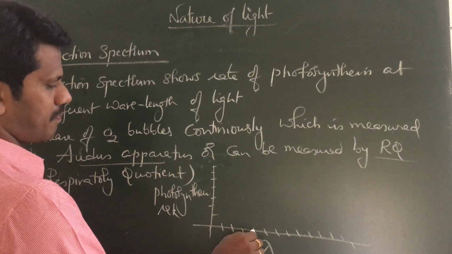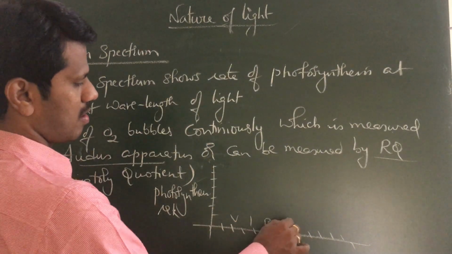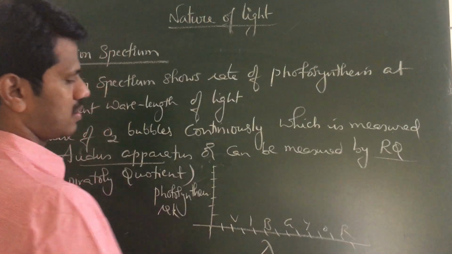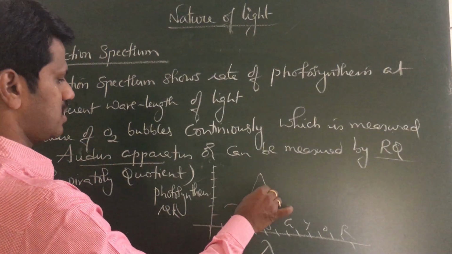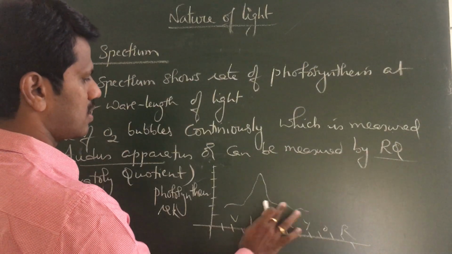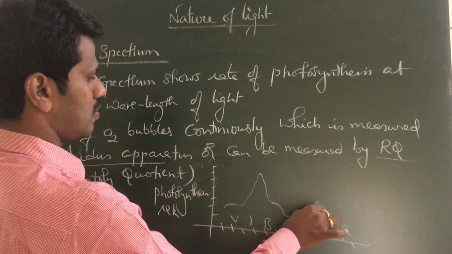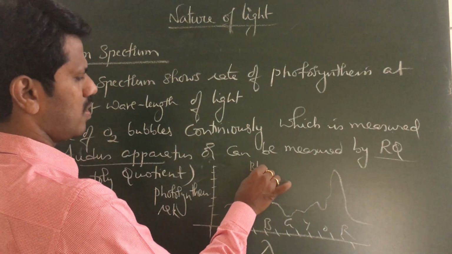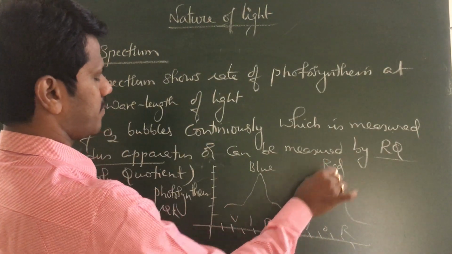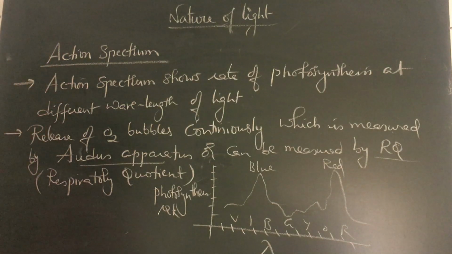When you take the VIBGYOR colors, at blue it is more, at green it is completely zero, and at red it is more. That means at the wavelengths of blue and red, the rate of photosynthesis is more.